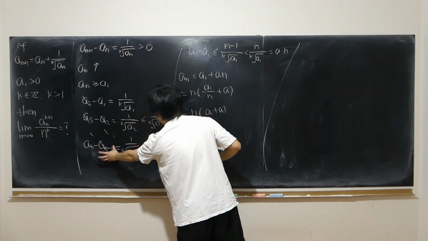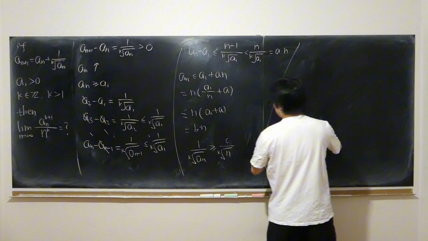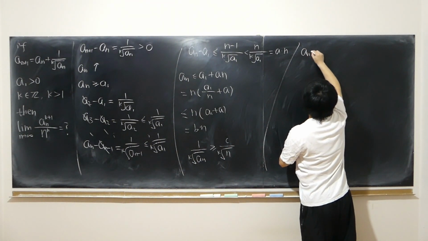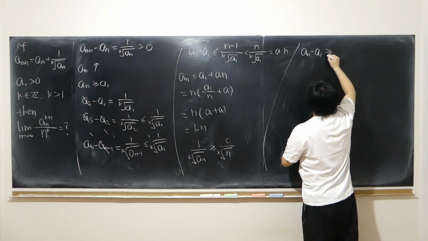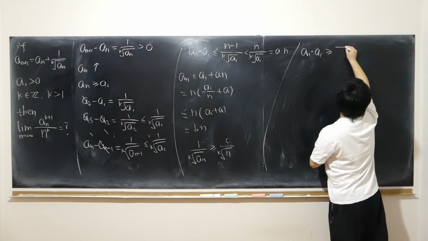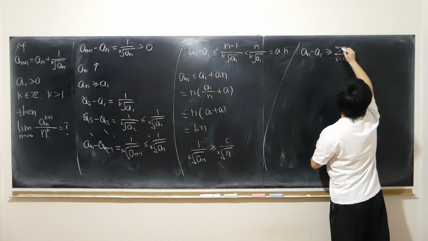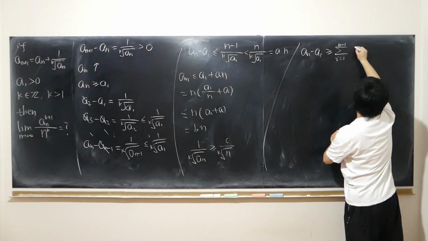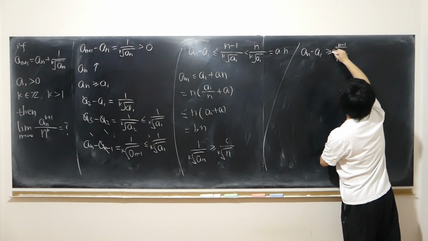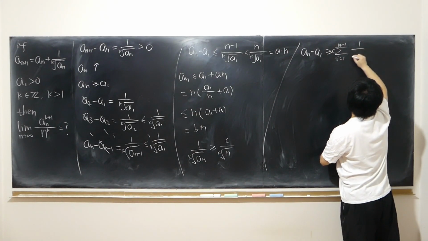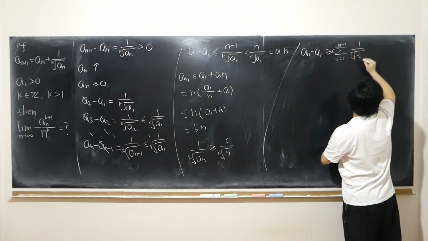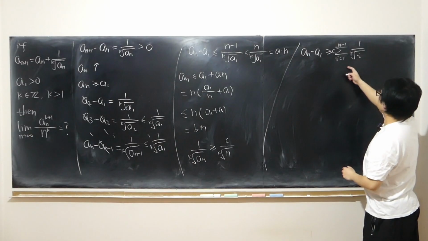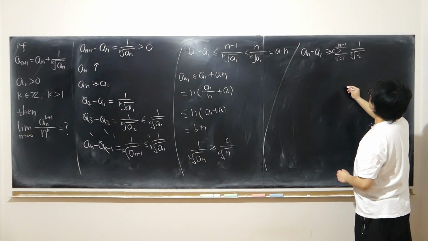Add them all up, then use the inequality. Then a_n minus a_1 has to be greater than or equal to the sum over i from 1 to n minus 1. Constant c taken out, 1 over the kth root of i. Each time I use i here, so i goes from 1 to n minus 1.